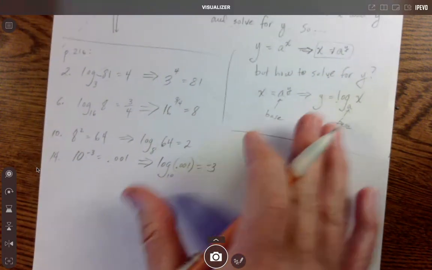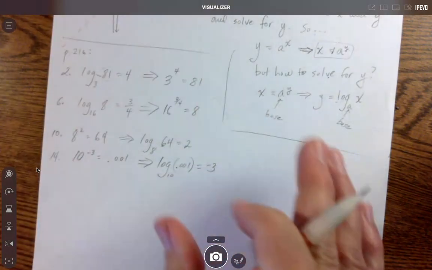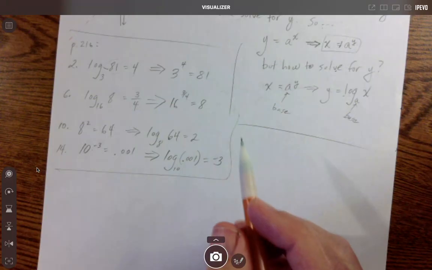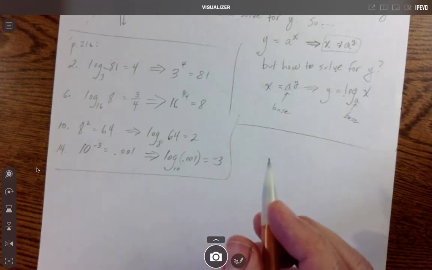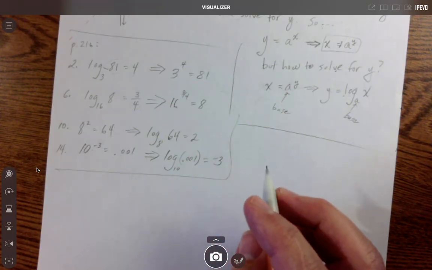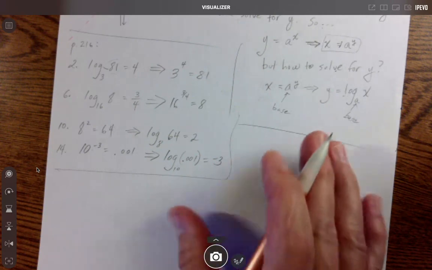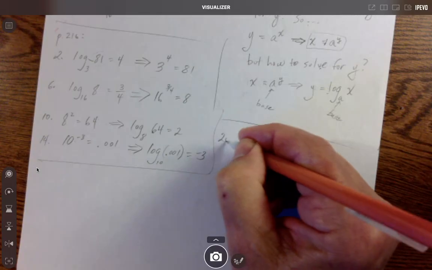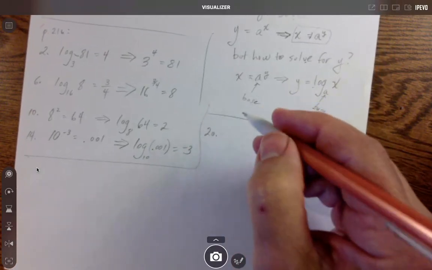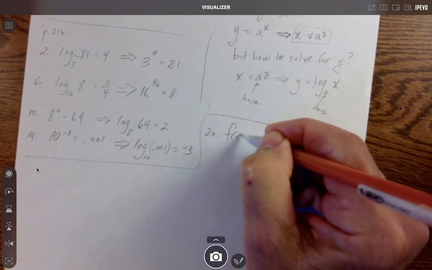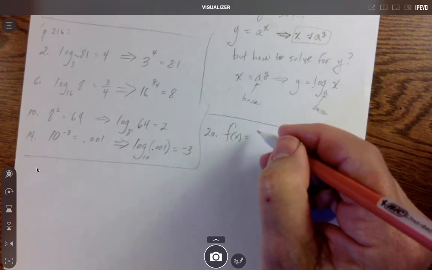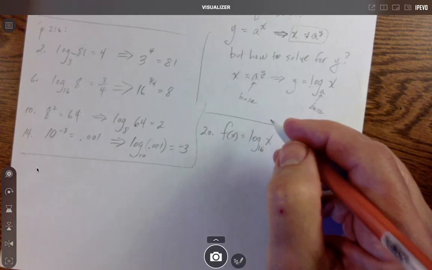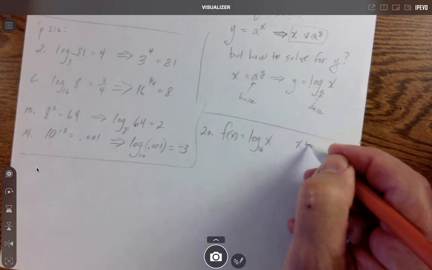Okay, in the next section on the exercises on page 216, it says evaluate the function at the indicated value of x without using a calculator. All right, so for 20, we have f of x equals log base 16 of x, and x is 4.